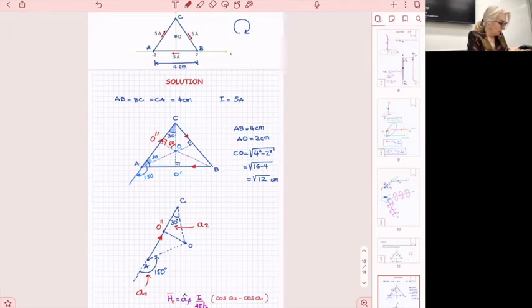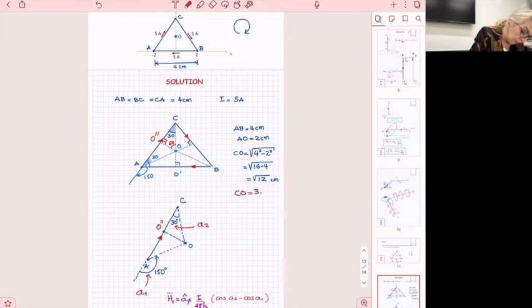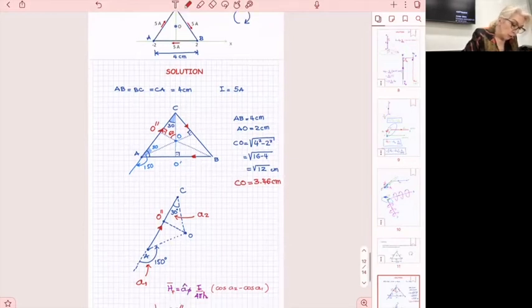Let me find that: square root of 12 is 3.46. So this CO is 3.46 centimeters, while the other, O double prime C, is 2 centimeters.